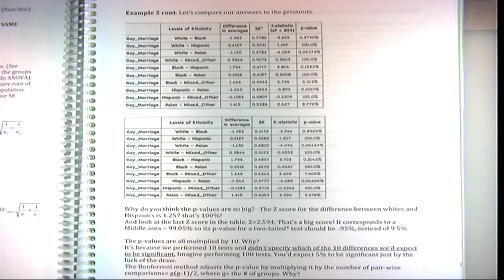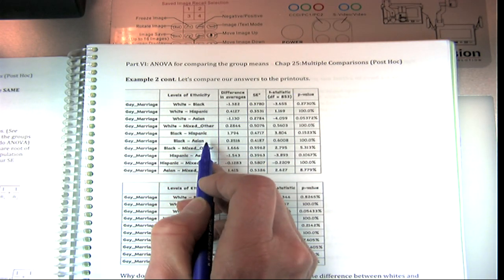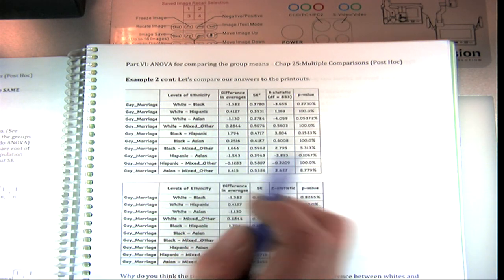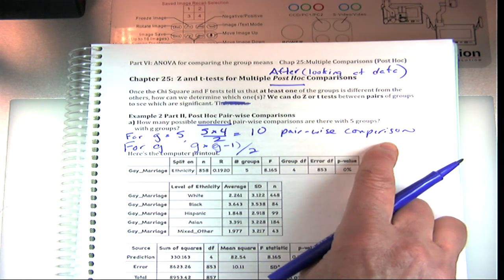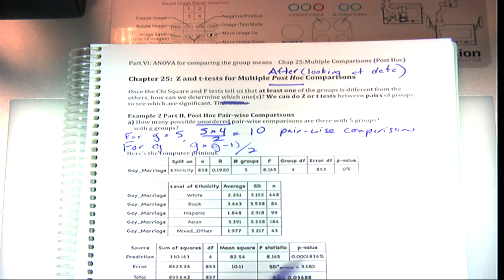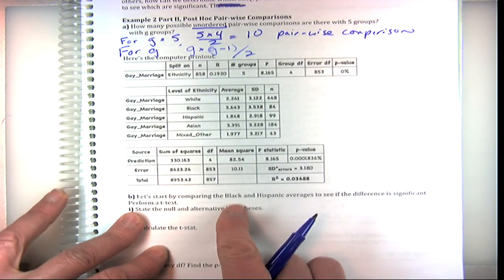As you can see, here they are: 1, 2, 3, 4, 5, 6, 7, 8, 9, 10. That's how many pairwise comparisons there are, and that's what we're going to have to multiply our p-value by at the end to adjust for these post-hoc comparisons.